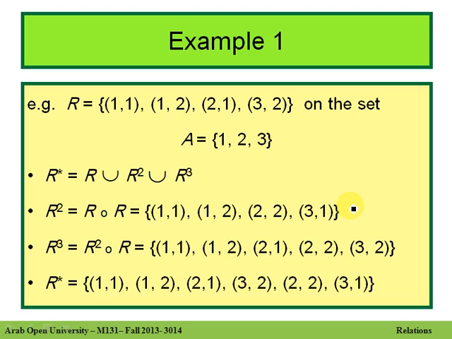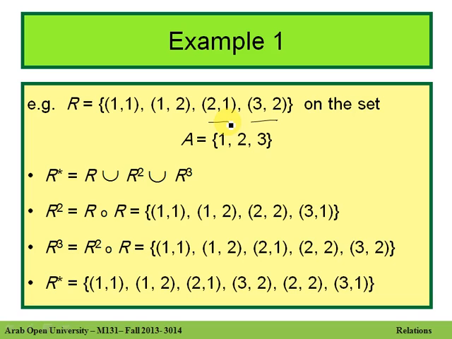But if there is (3, 2) and (2, 1), there should be (3, 1), sorry, there should be a (3, 1), right? (2, 2), there should be (2, 2) also.